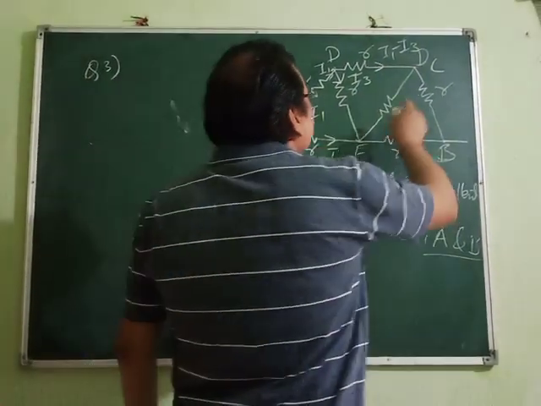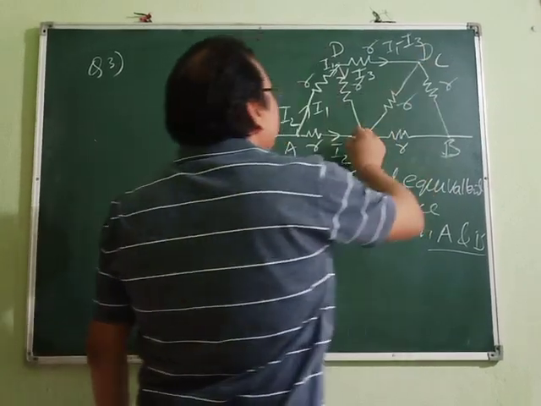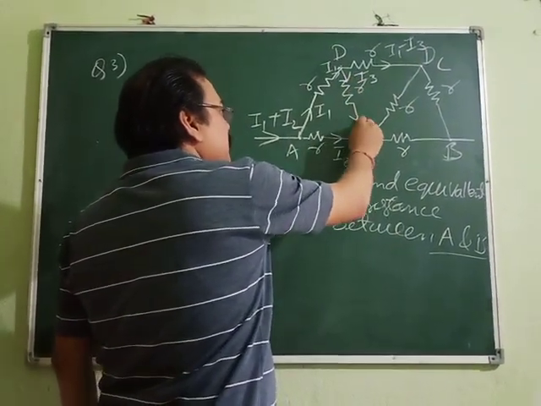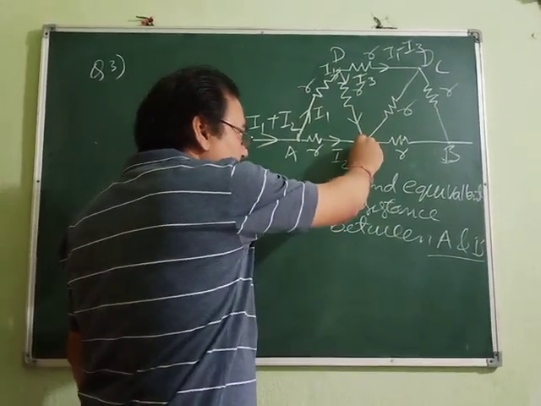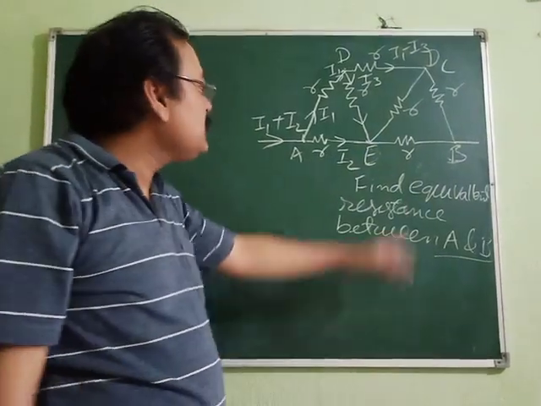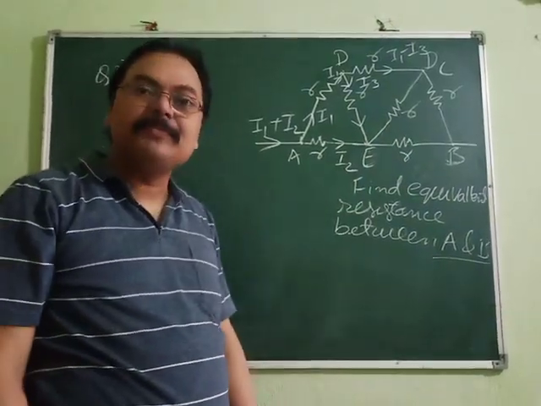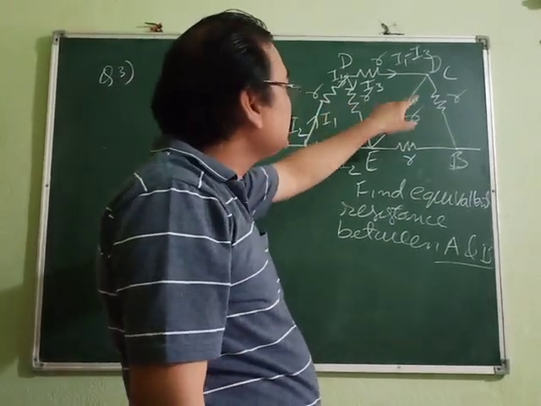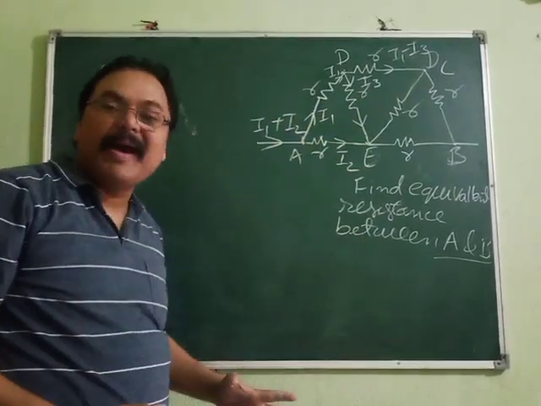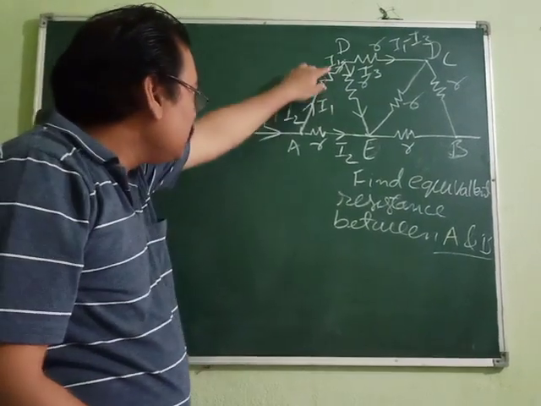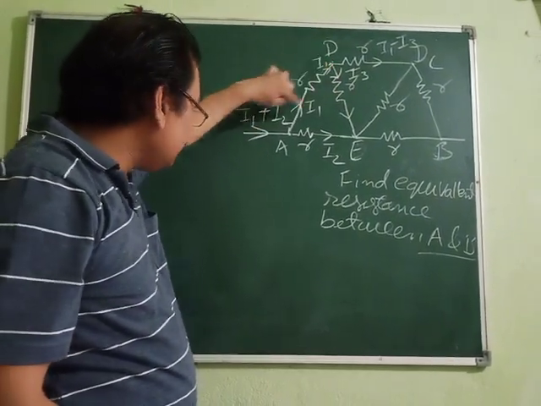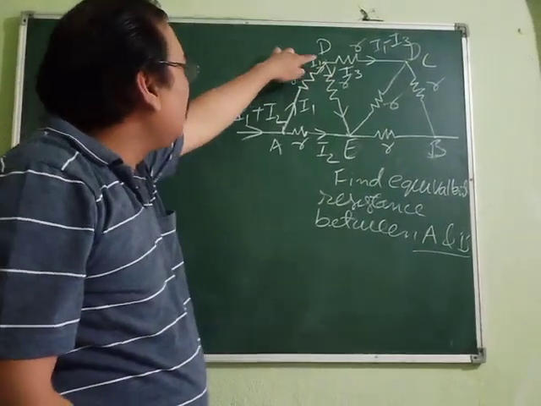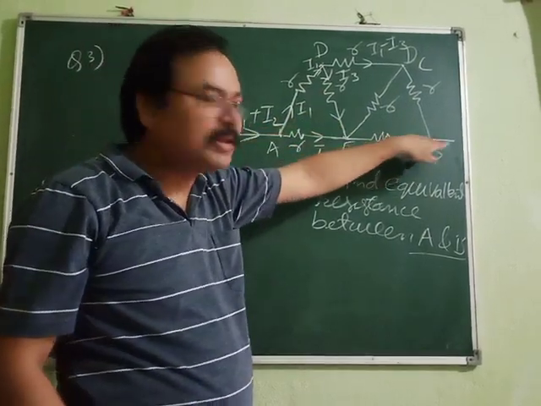Now this reaches here. By the time I3 is passing through this, it is joined over here. This joint creates confusion. Now see here, just tell me, what about these 2 resistors? How are they connected? Are they in parallel or in series? See, this resistor's one end is connected to this terminal, and the other end through this is connected to the other terminal.